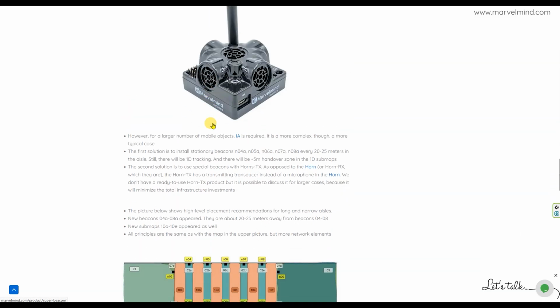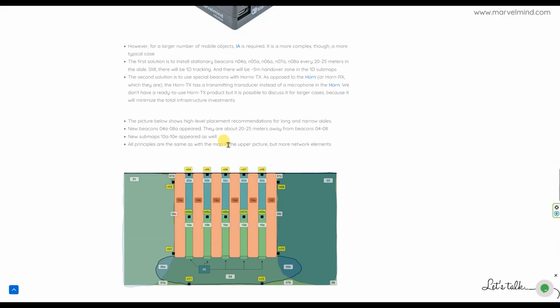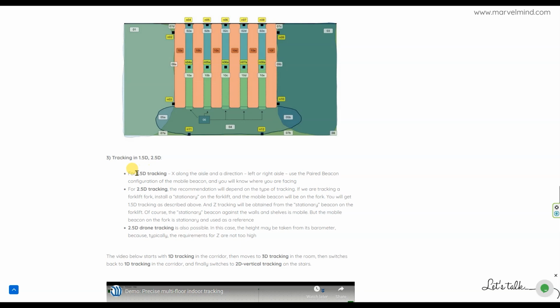So what else to mention? I already mentioned this, and about 1D, 1.5D, etc. So it may look funny, but in reality, it's a very, very real thing. So in this case, you have 1D tracking, but you also need to know which shelf you are looking at, this shelf or this shelf. So this is why we call it 1.5D. So it's 1D plus direction. But the direction is provided mostly by the mobile beacons.